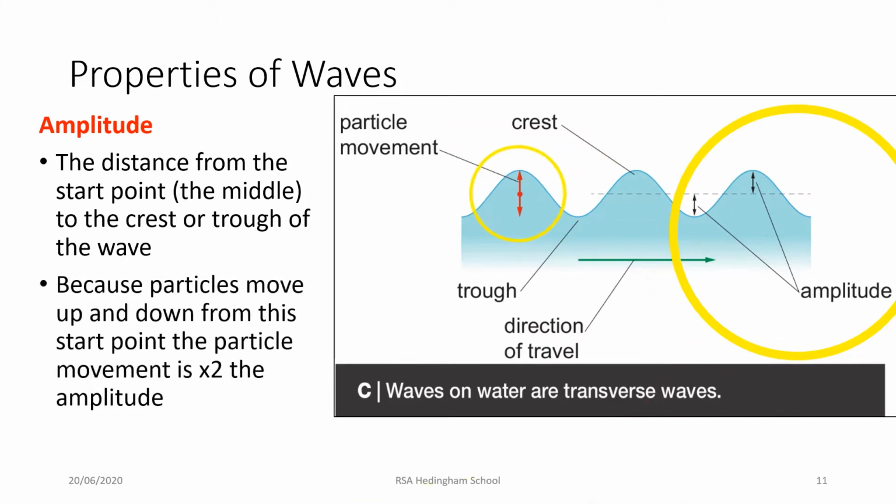You'll notice that the particle movement actually is twice the amplitude because the particle moves both up and down, but it's a common mistake that people make. The amplitude is only half the distance from the top to the bottom. It's the distance from the middle to the top or the middle to the bottom.